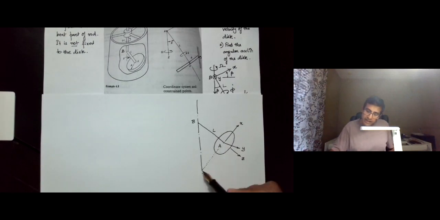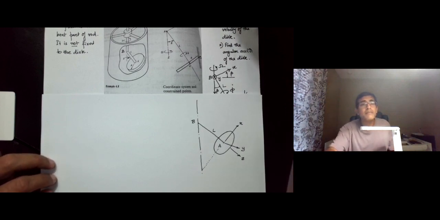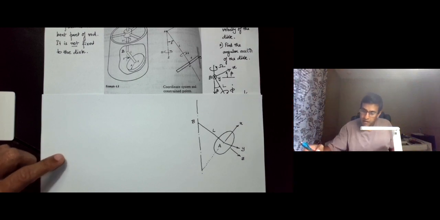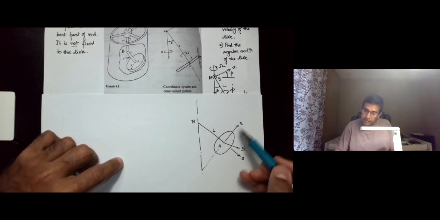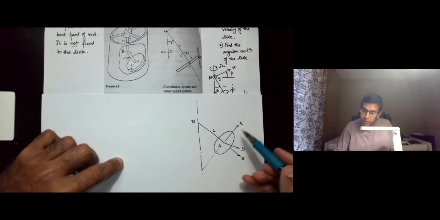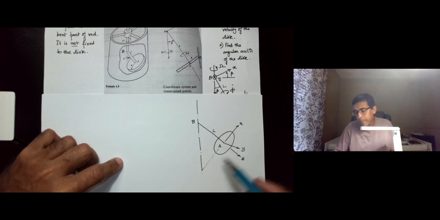If I extend the x-axis, it would always intersect with the axis of the cylinder. So previously the x-axis would always intersect with the axis of the cylinder if you extended it.